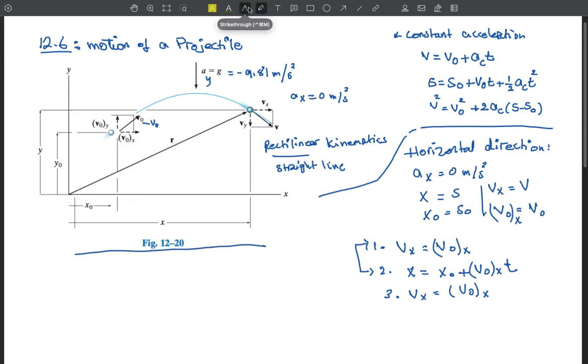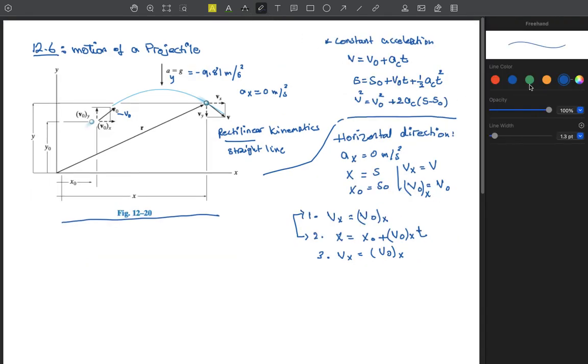Okay, now let's work with the vertical. Let's just change the color. Let's just say green. So let's work with the vertical direction. Now, in the vertical direction, we have A in the y direction equals G, right?